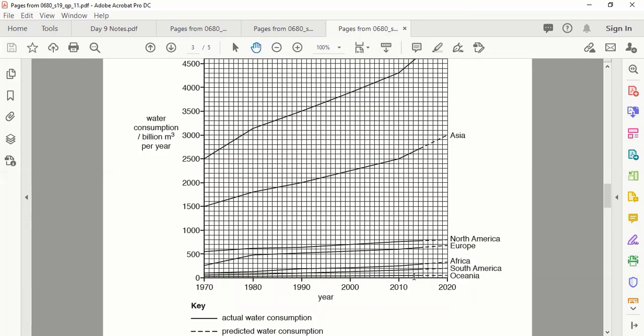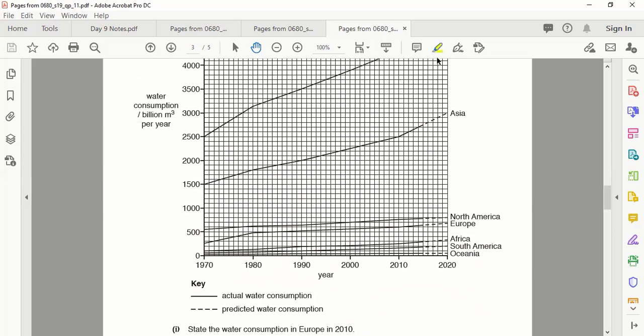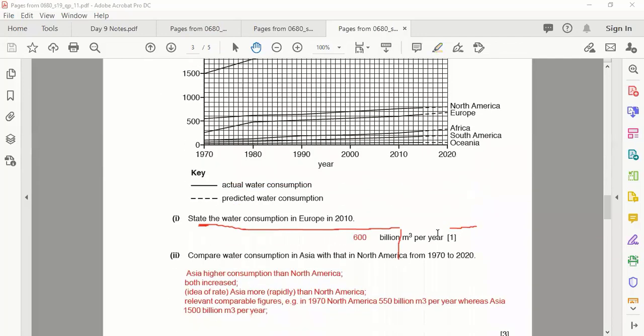So here you have to see this graph and answer. State the water consumption in Europe. Simply, where's Europe? This one. 2010, go this way. When you touch this line, go this way. So you'll find somewhere here 600. You write this one. Is it difficult?